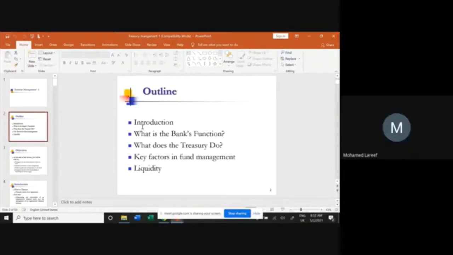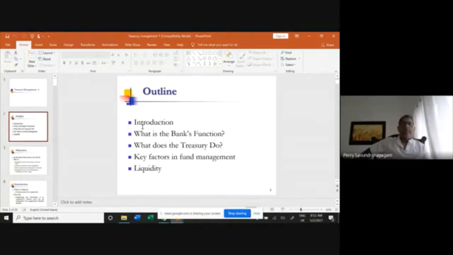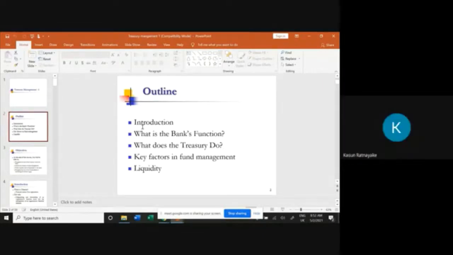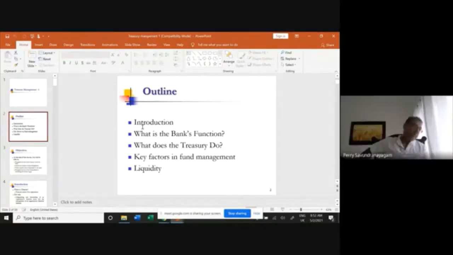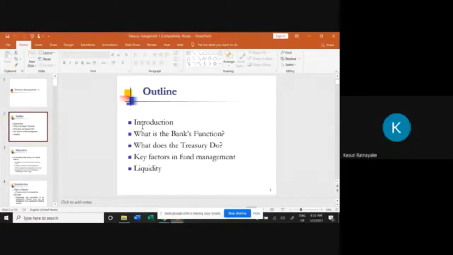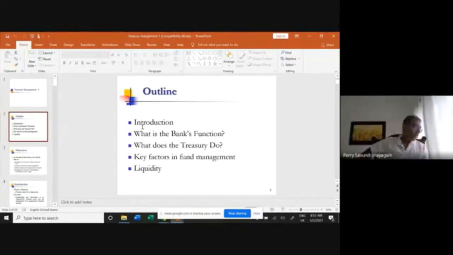Foreign exchange and the interest rate. Foreign exchange, basically foreign currency risk. Foreign exchange risk, sir, and interest rate risk also.